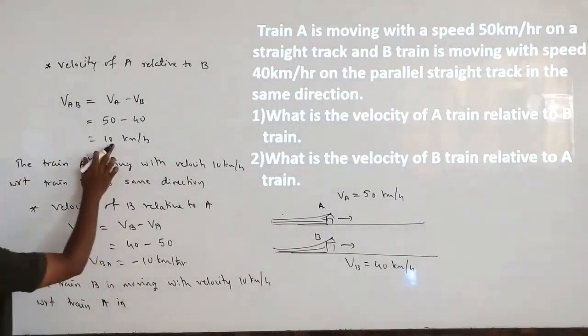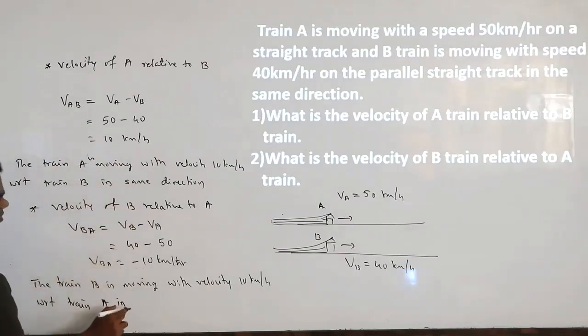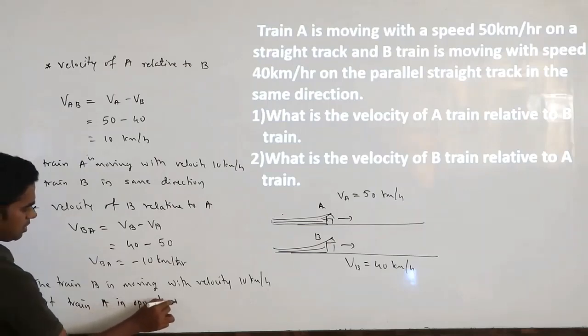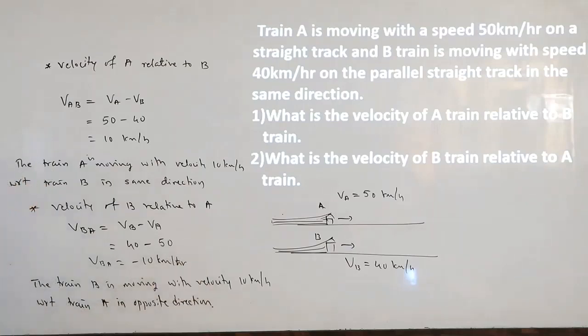Here, a positive sign means same direction, a negative sign means opposite direction. So this is one problem based on relative velocities.